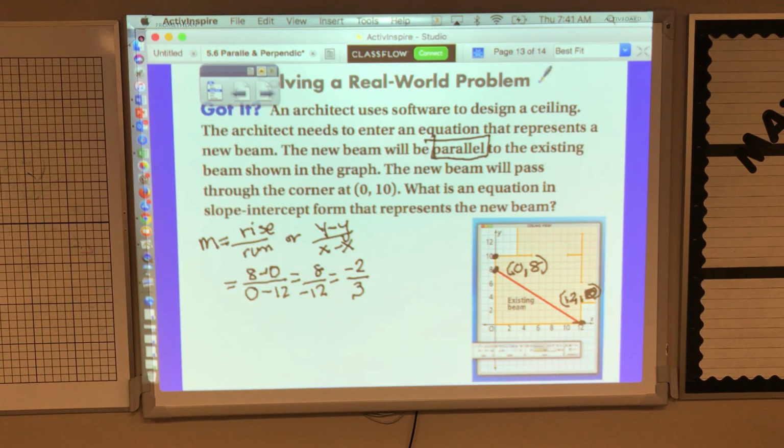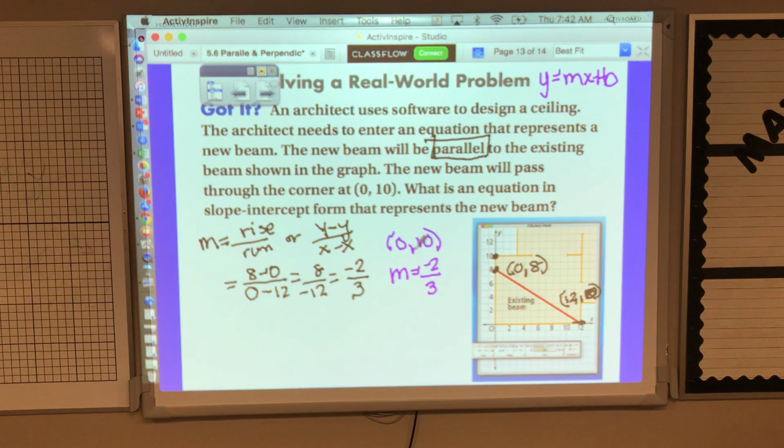Which means we, again, need it in y equals mx plus b, okay? Well, if we look at my information, I have a point, 0, 10, and I just figured out my slope is going to be negative 2/3 because for it to be parallel, the slopes have to be the same, okay?